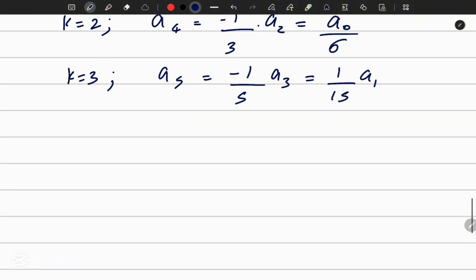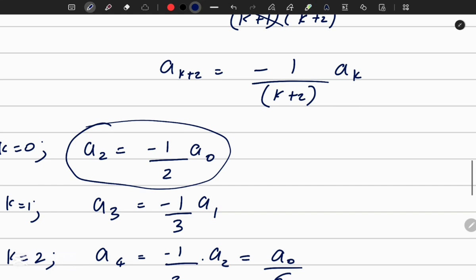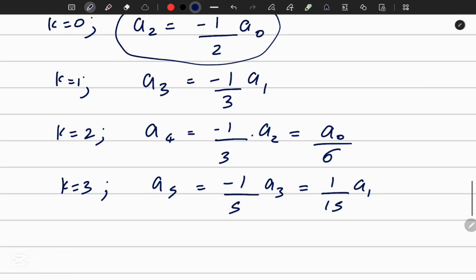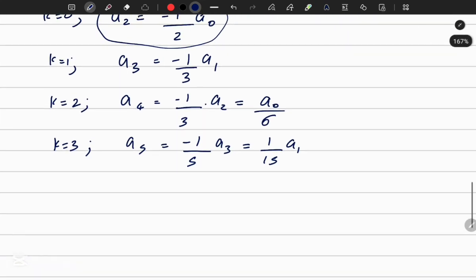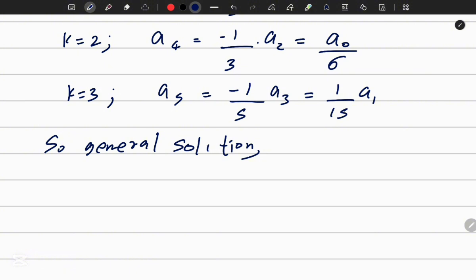Okay, let's write the series now. I know a naught and a1 are arbitrary. So the general solution: y is sigma n from 0 to infinity a_n x^n.